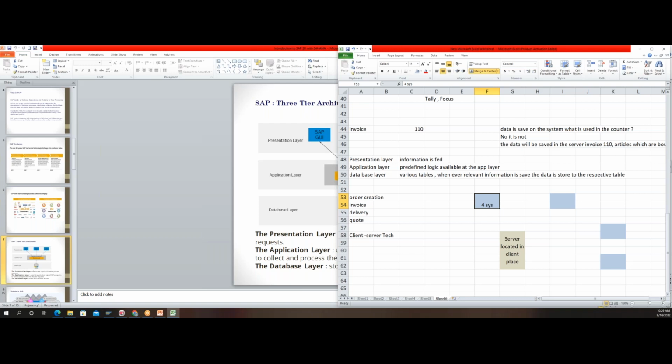Immediately, one after the other, the customers will come, they perform the invoice, and the data is getting stored. This information from Banjara Hills will get stored onto the server. This information from Gachibowli or other locations will get saved onto the server.